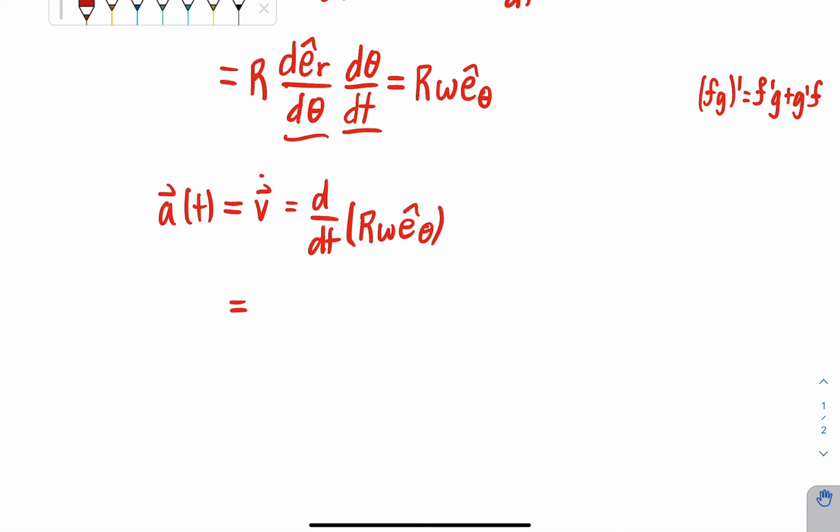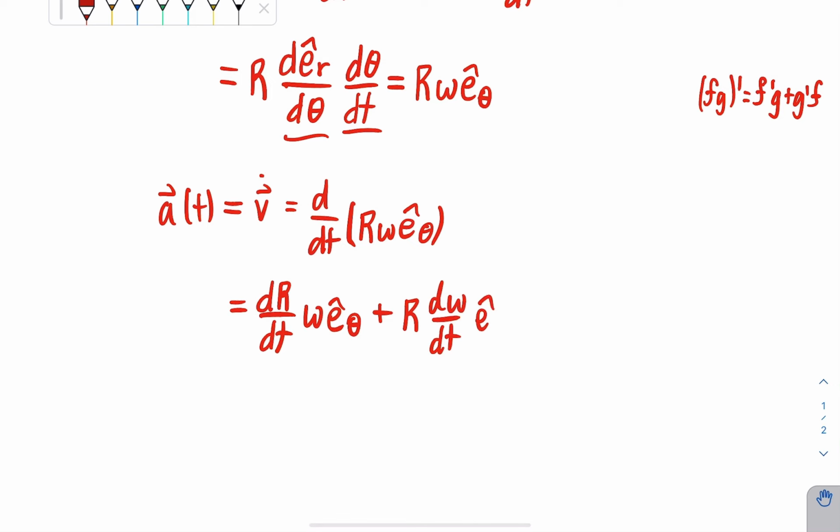So we are going to get dr by dt omega e sub theta plus r d omega dt e sub theta plus r omega d e sub theta dt.